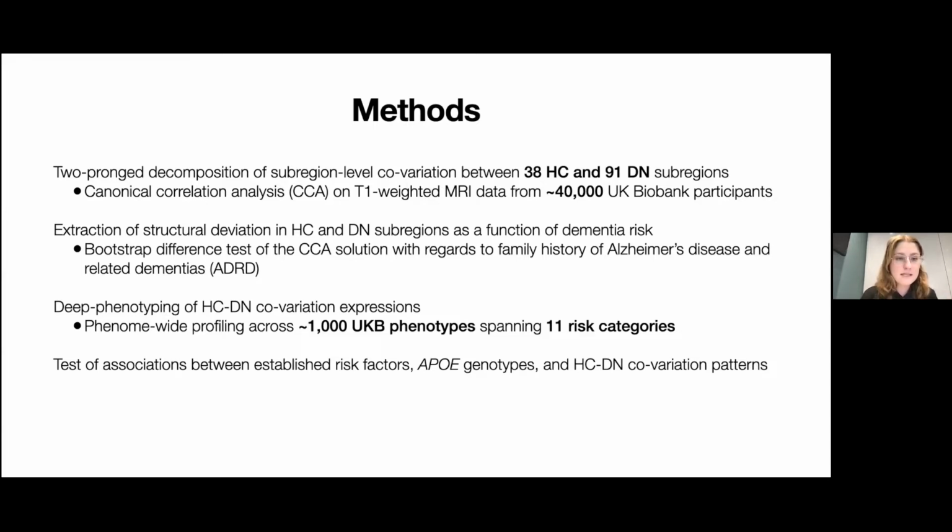Once we extracted these different modes of hippocampus-default network covariation, we wanted to extract structural deviation in these different structures as a function of dementia risk. So we performed a bootstrap difference test of the CCA solution with regards to family history of Alzheimer's disease and related dementia.